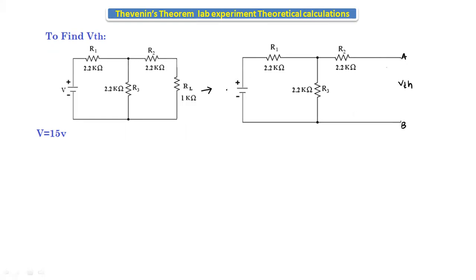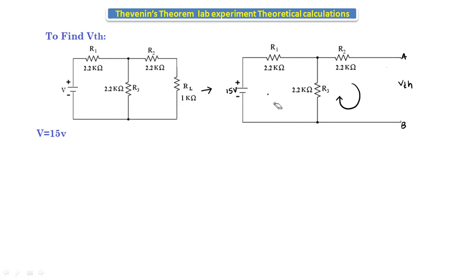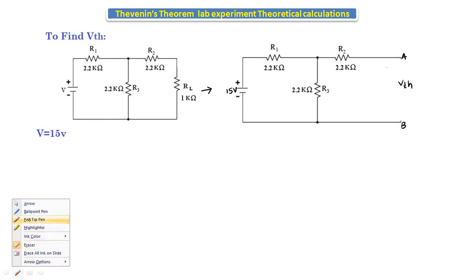Assume that here we are taking 15 volts of supply voltage. Instead of taking loops here, we'll do one thing. What is the current passing through this loop?